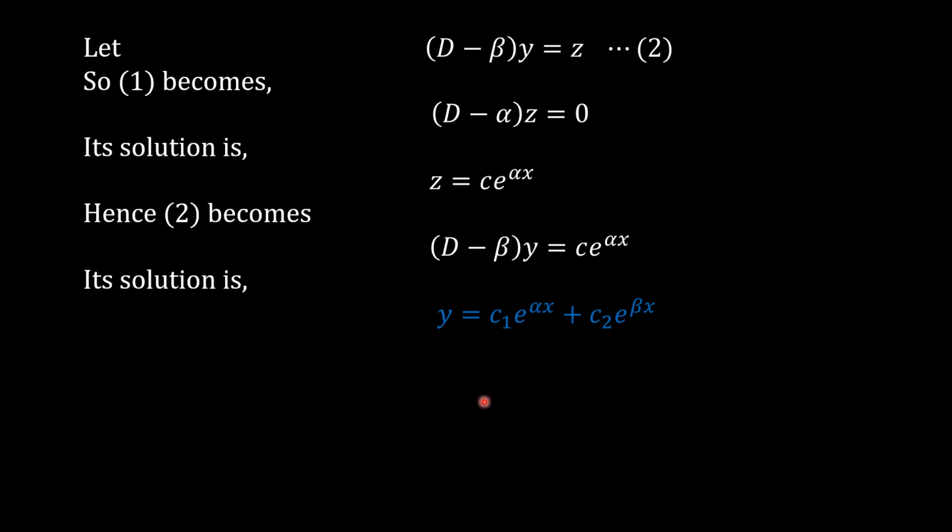What we have to observe here is that we got the roots of the auxiliary equation as alpha and beta, and corresponding to those only we got terms in the general solution as e raised to alpha x and e raised to beta x. So this is a very important thing.